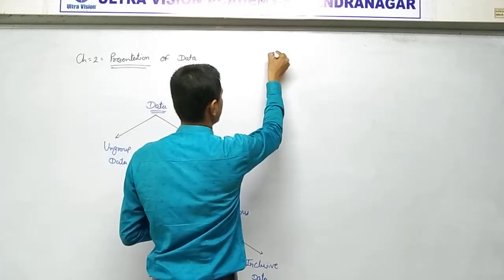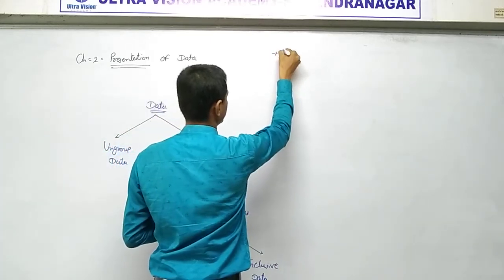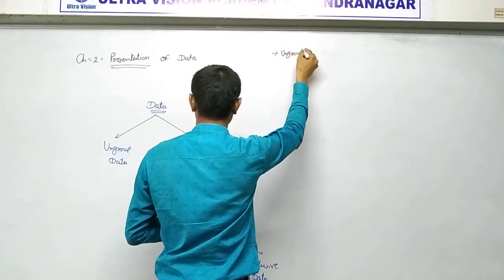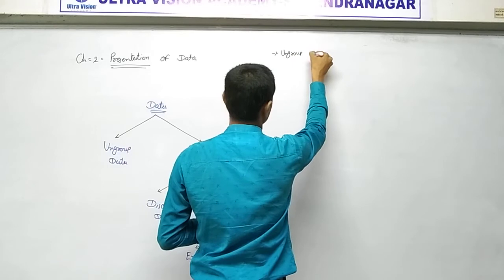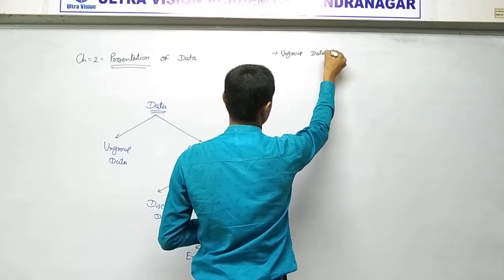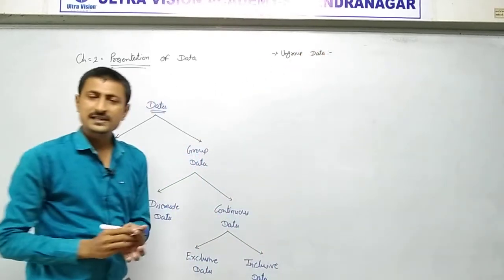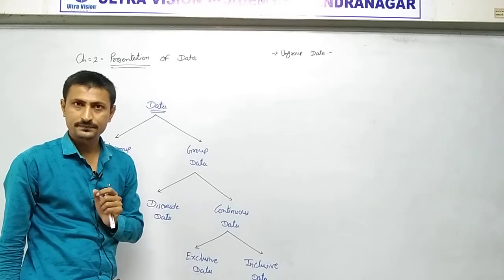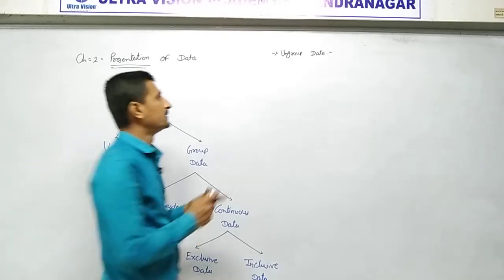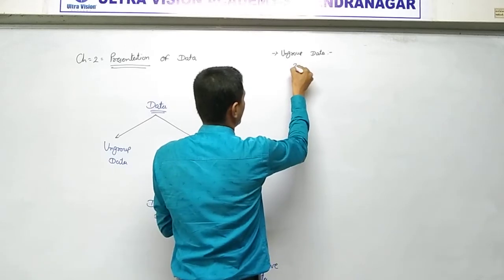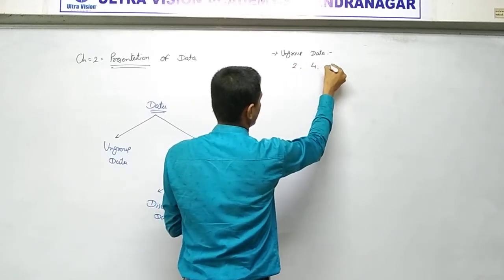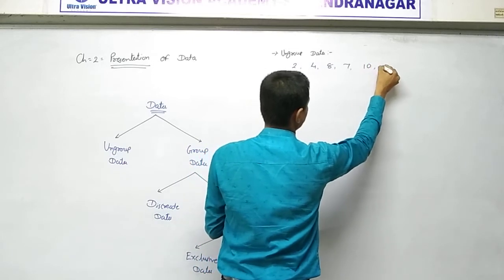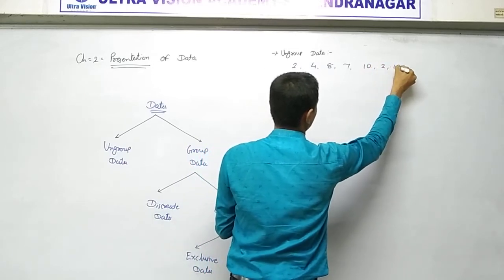First, ungrouped data. Any example? Number of flowers in a tree: 2, 4, 8, 7, 10, 2, 12.